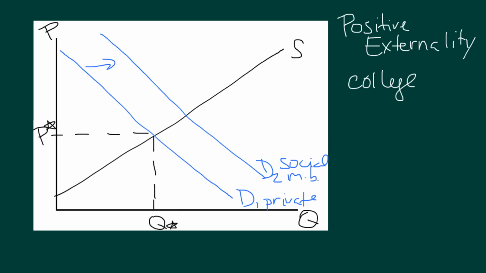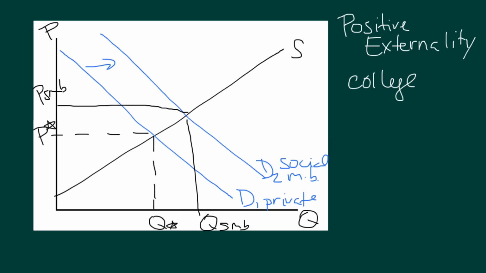So the result of all of this is if we don't do anything, if we just let the market do what it's going to do, in this case of market failure, you will end up at P star and Q star. If we were to intervene in some way, according to society, we should be at this higher quantity, the quantity where social marginal benefit is met, and we should also be at the higher price.